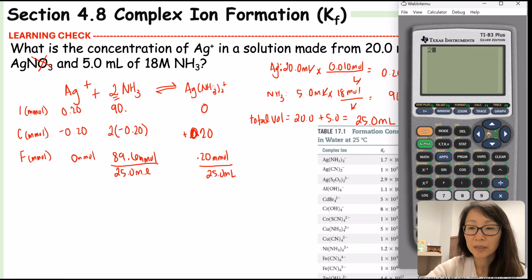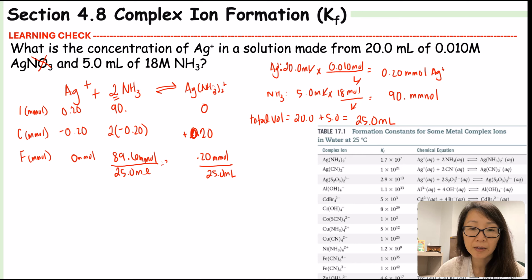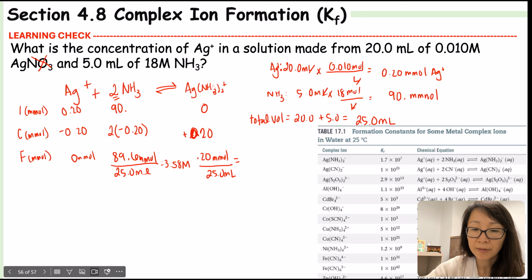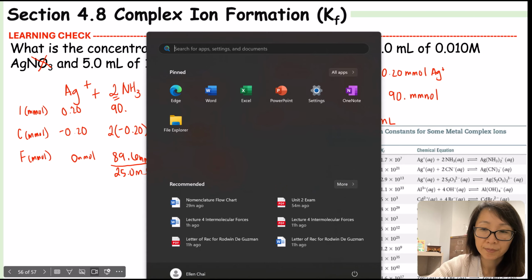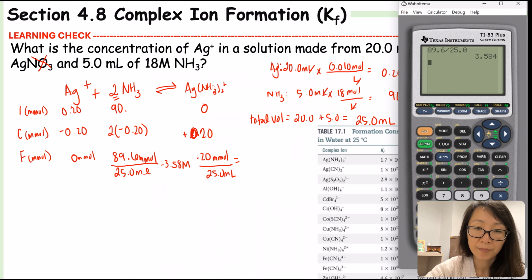That's 89.6 divided by 25.0. So that's 3.58. What about that one? 0.20 divided by 25.